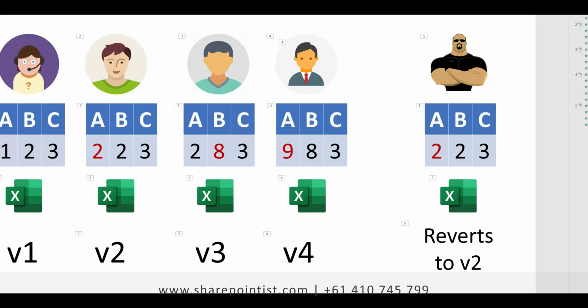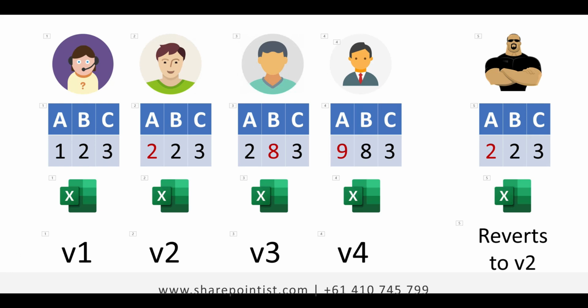The manager comes and has a look at the document. Although the manager can see that all the versions are there and the document has been updated 4 times, the manager can review each version and pick the one that feels more appropriate.